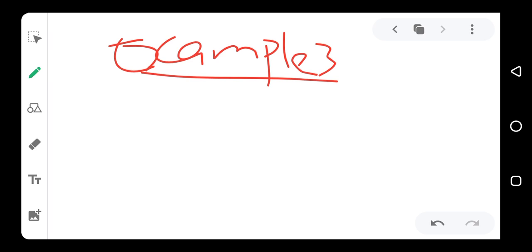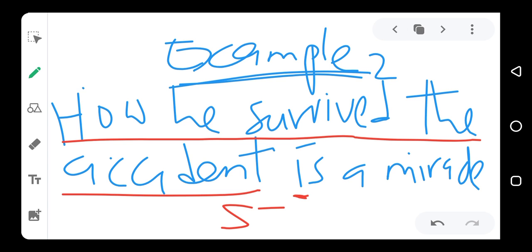When we use our SVO, we have subjects followed by a verb and then an object.